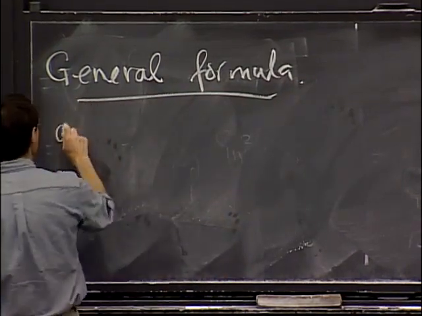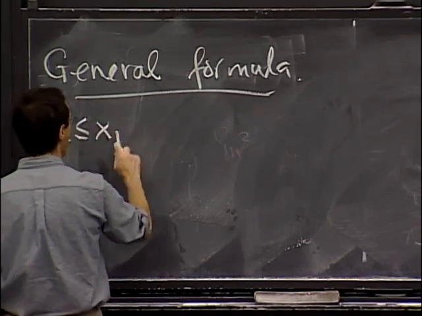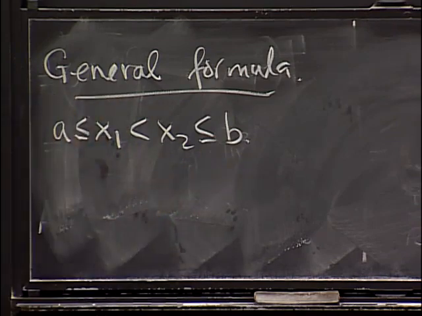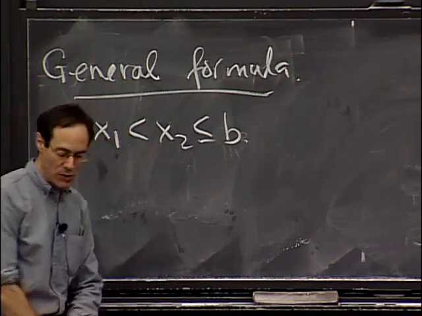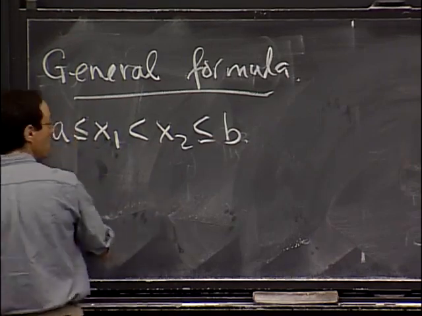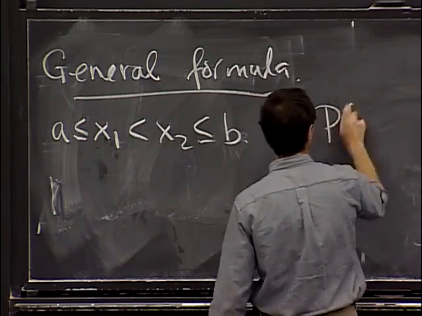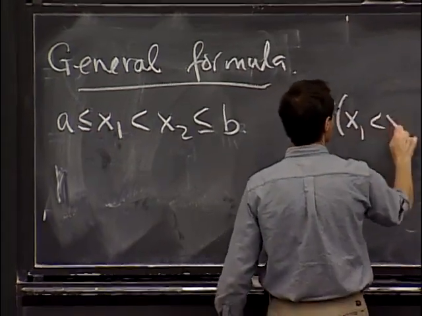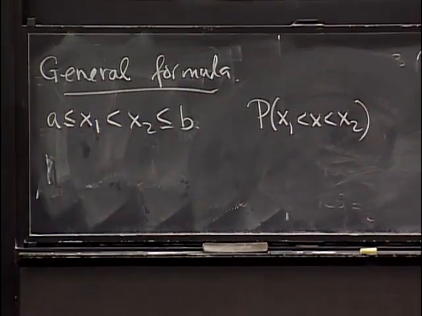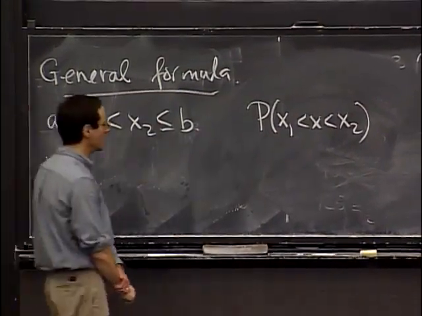We're going to imagine that we have a total range which is maybe going from A to B, and we have some intermediate values, x1 and x2. And then we're going to try to compute the probability that some variable that we've picked at random occurs between x1 and x2.